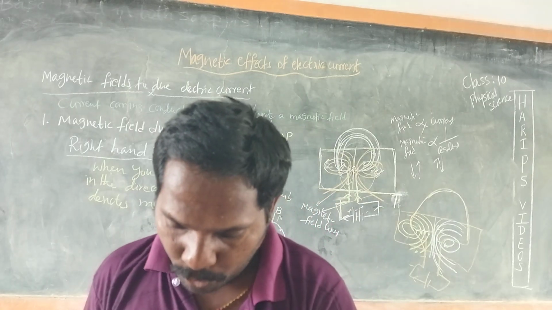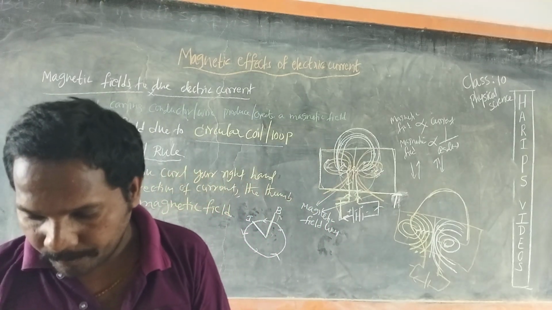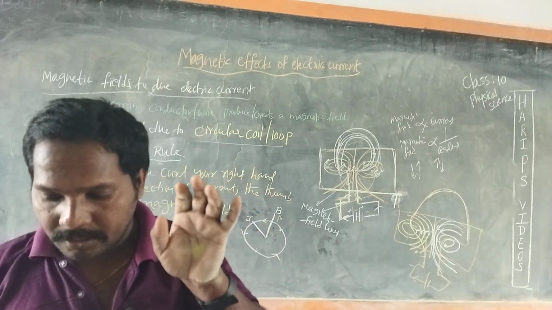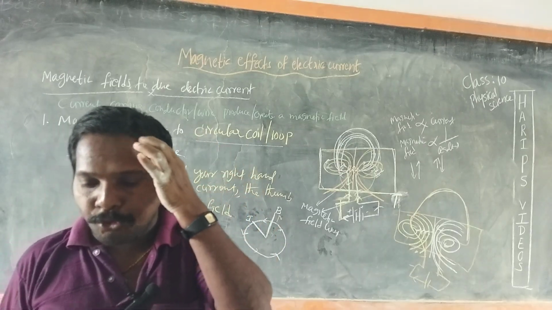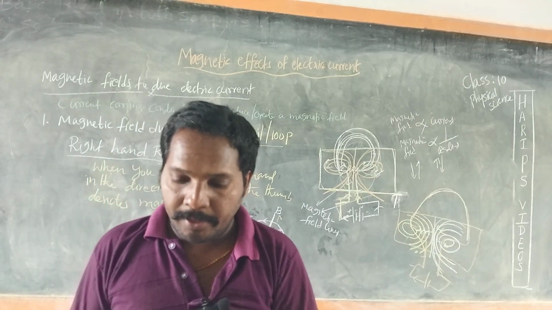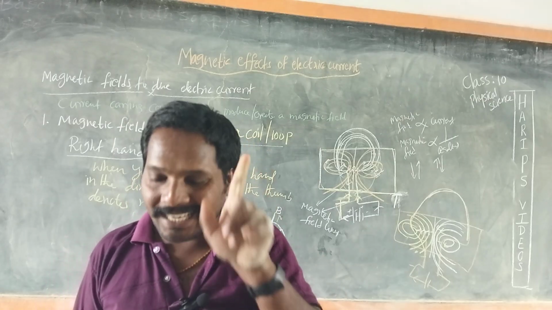So this is about the magnetic field due to a circular loop. If the circular coil has N turns, the magnetic field produced by this current carrying circular wire coil will be N times as large as that produced by a circular coil of single turn.